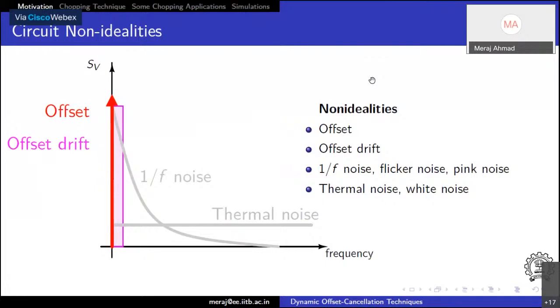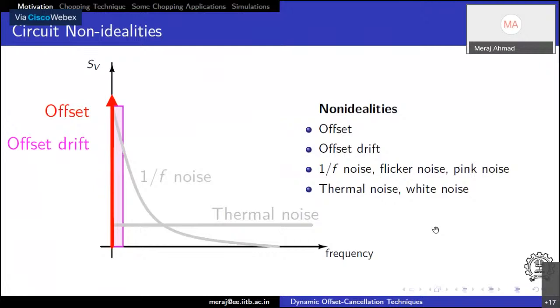It's not that we want to design a circuit which can work in summer, winter, morning, evening, and still be very precise. So we need to take care of the offset drift, which is small in bandwidth because it varies with temperature.